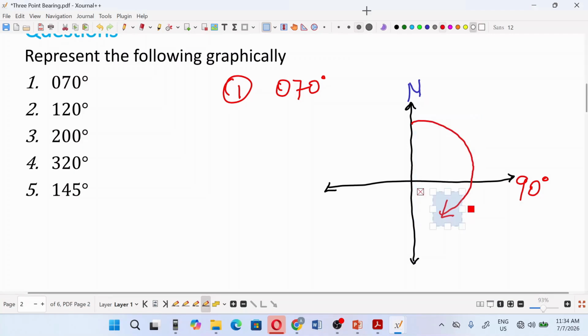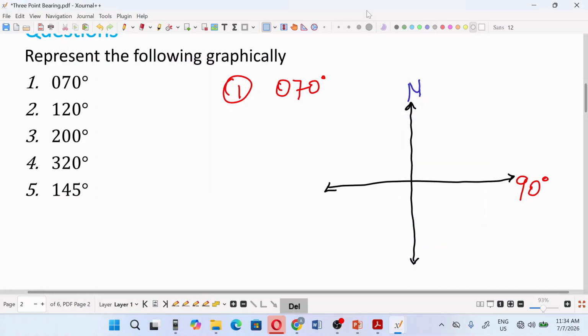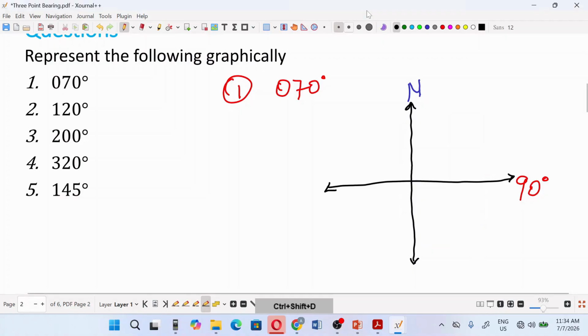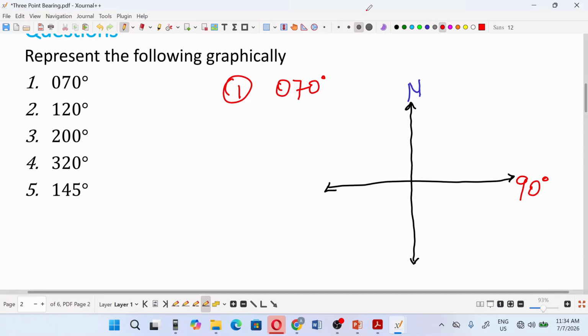So the 70 degrees tells me that you're going to be moving only 70 degrees, right? I know the first quadrant from north to east is 90 degrees, and I want half of it. Half of it is going to be 45.